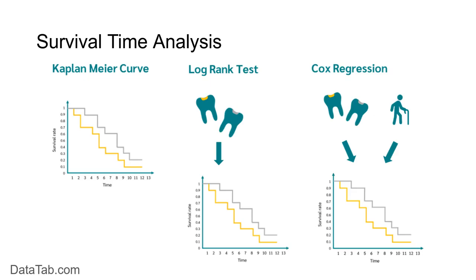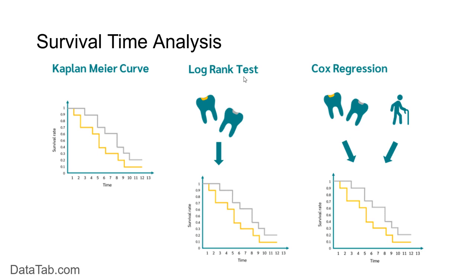Within that, we're going to talk about three specific methods. Again, there are more methods out there than this, but these are the three that we'll focus on. The first will be the Kaplan-Meier curve. This is really just drawing the curves themselves for survivorship, right? So we've got survival rate on the y-axis and time on the x. This is really just visualizing the data.